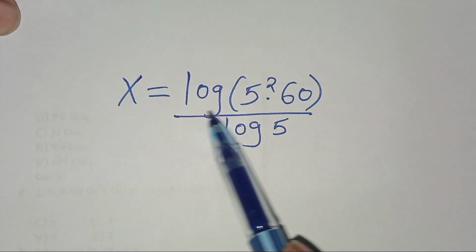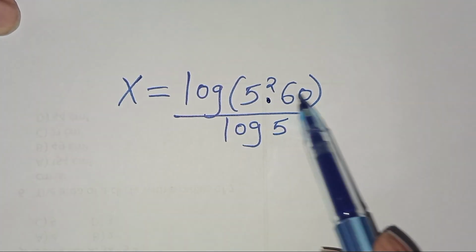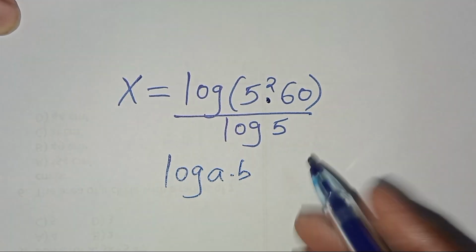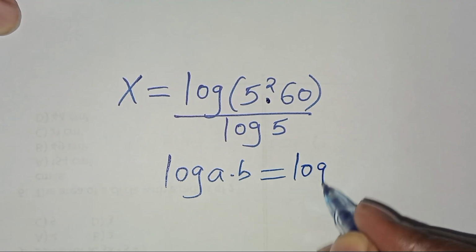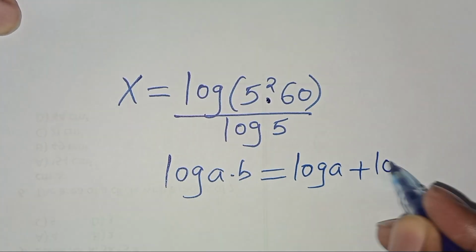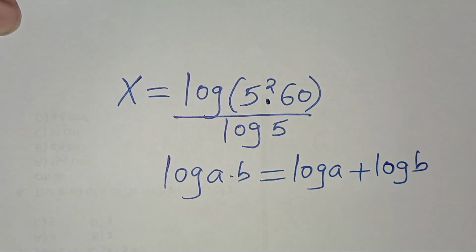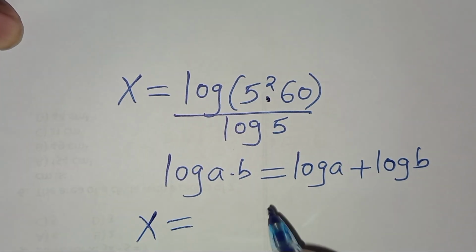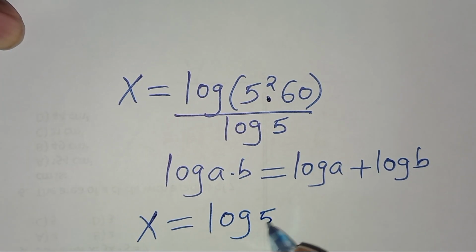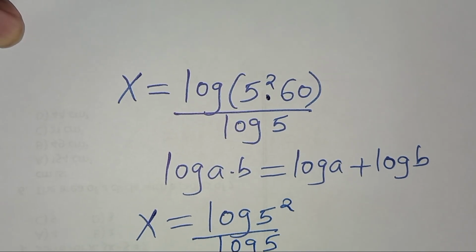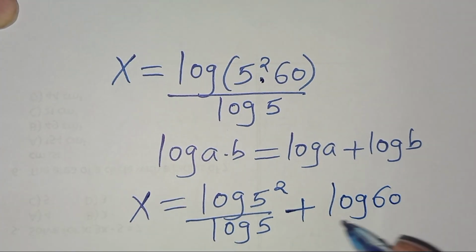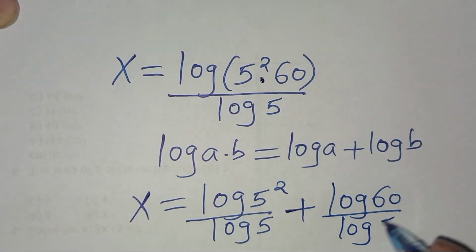Now we have that x is equal to log 5 squared times 60, and this is actually in the form of log a times b, which we can express as log a plus log b. Now, applying this logarithm property, then x can be expressed as log 5 to power 2 divided by log 5 plus log 60 divided by log 5.